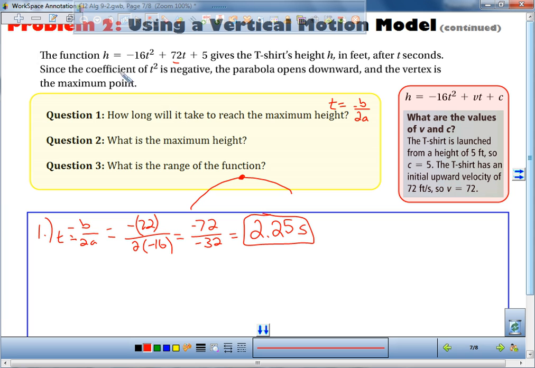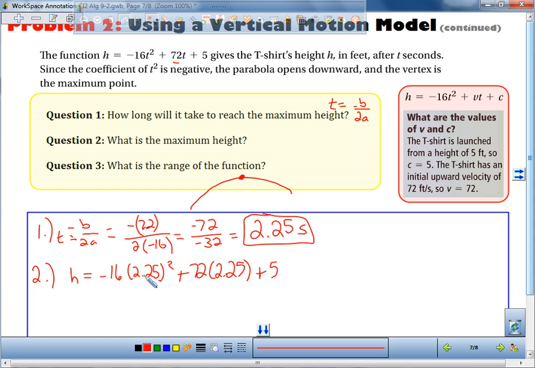Now to find the height, well, h is a height. That means I can just take the 2.25, put it in for t, and solve. So now we go to question 2 to find the height. H is going to equal negative 16 times 2.25 squared plus 72 times 2.25 and then plus 5.